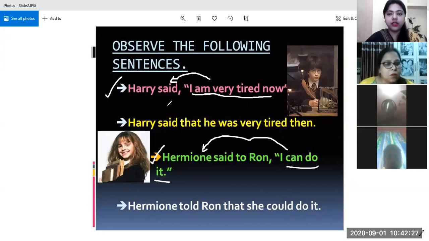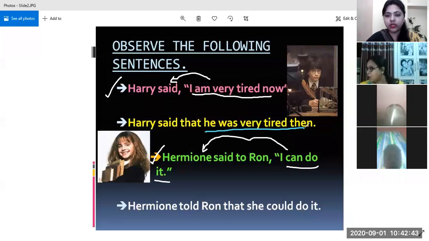But when we come over to the second part of both the sentences, what do we see? We see that the actual words of the speaker have not been quoted. Okay, the words have been modified. Similarly, in the second part of the second example, here also the words have been modified.